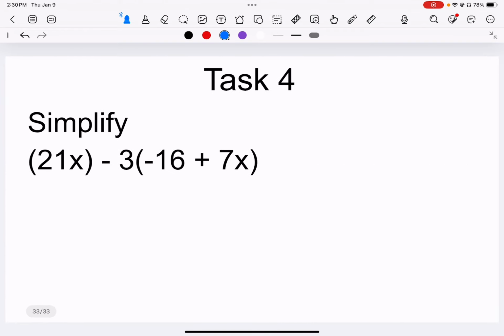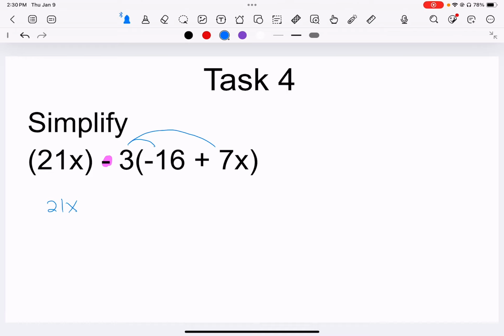And the last one, simplify this expression. We have another subtraction problem. In front of the first parentheses, there's nothing for me to worry about or to be distributed. So I can just bring down the 21x. Now, instead of distributing a -1, I'm distributing this -3.